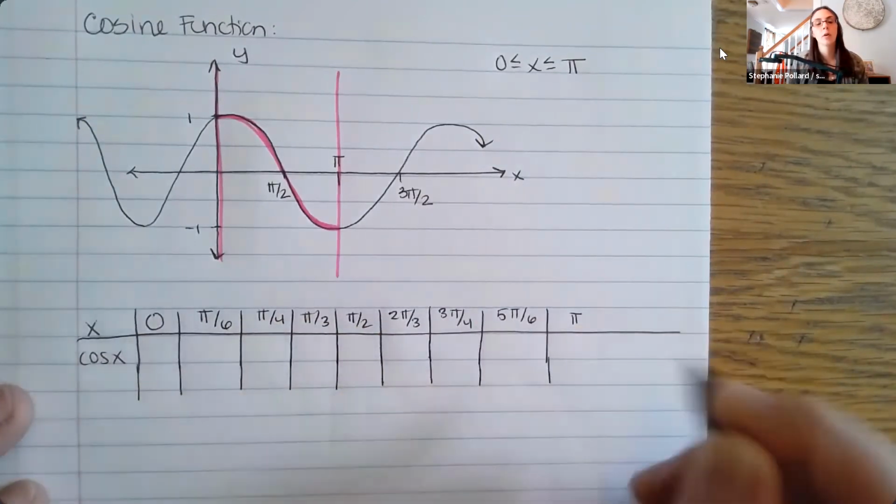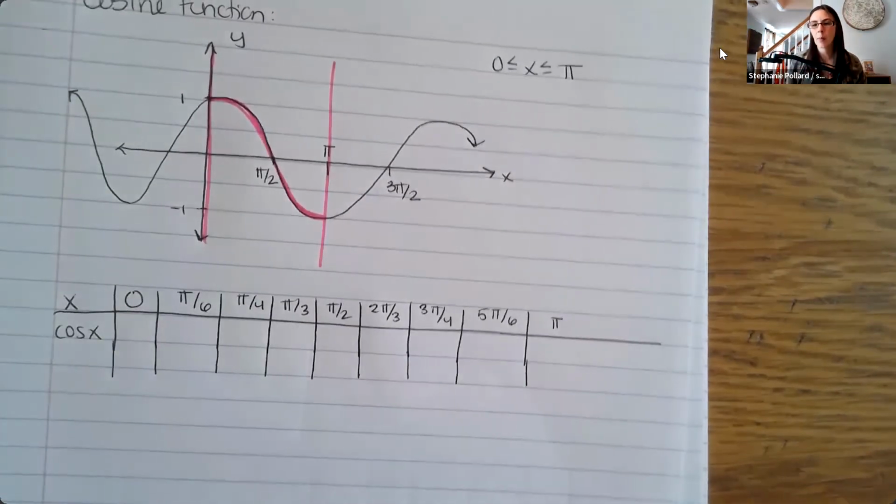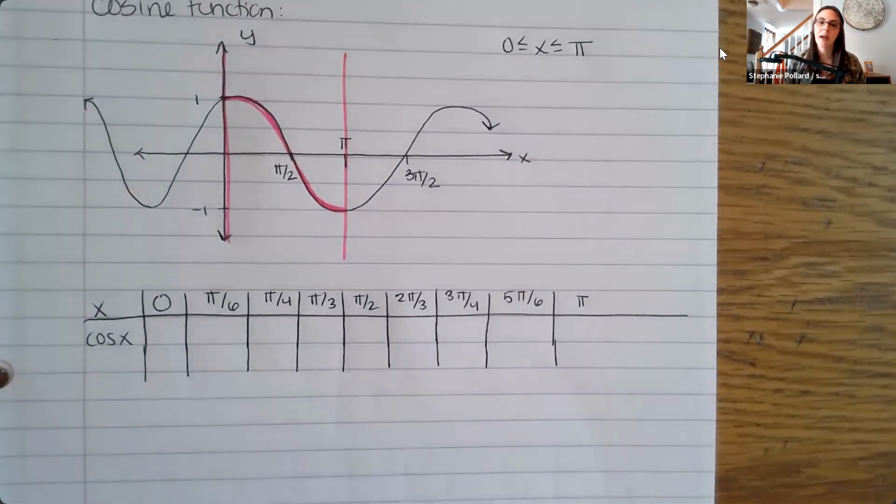Hopefully for all your notes, you don't have to make this table every single time. Make it once or keep a note card for each function and make a big running list of all the common ones that we're used to. That way you're not constantly rewriting the table or finding the values all over again.